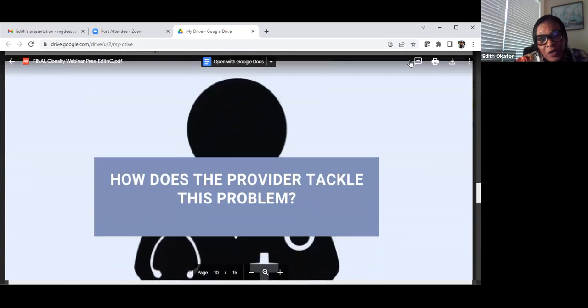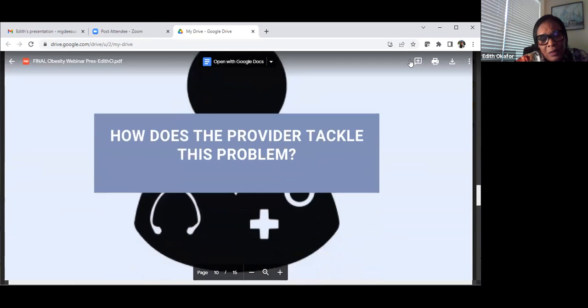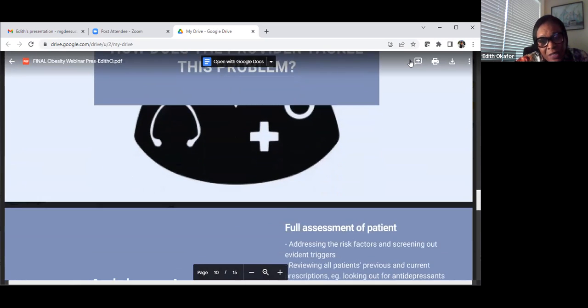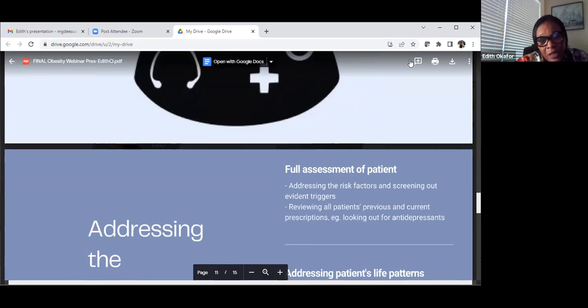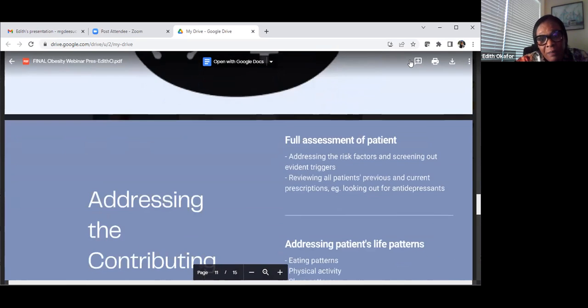Now, how does the provider tackle this problem? Everybody tackles this problem in different ways. I personally have a way of going through it.